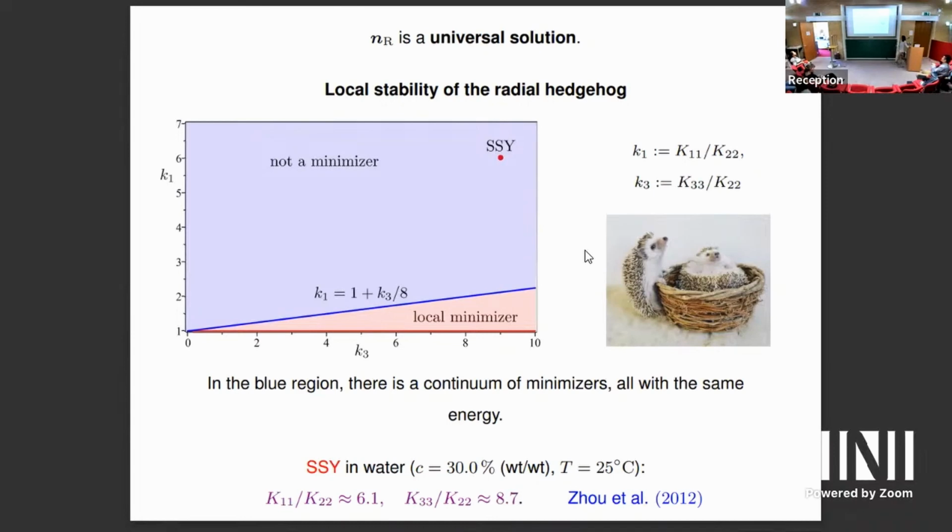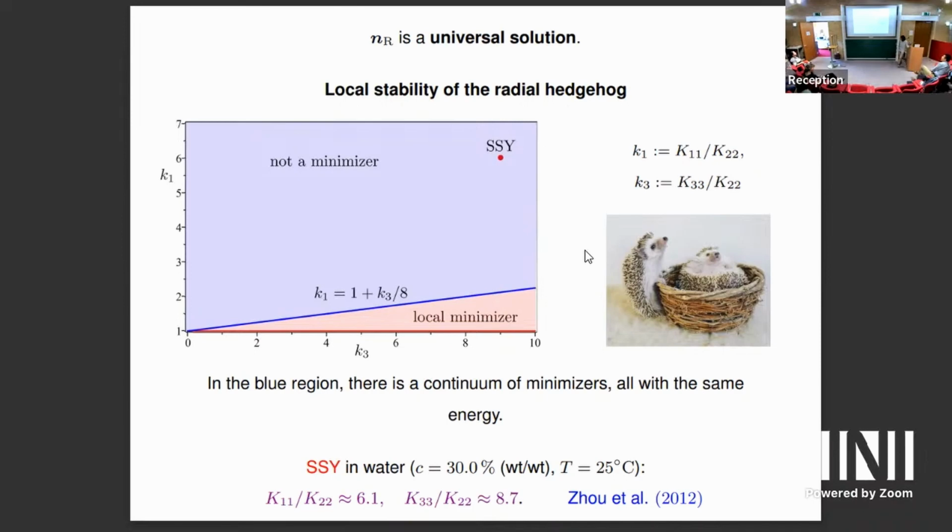In the pink region, the radial hedgehog is the local minimizer of the free energy, both in the quadratic and in the quadratic case. In the blue region, it is no more a minimizer, but there is a continuum of minimizers, all with the same energy.